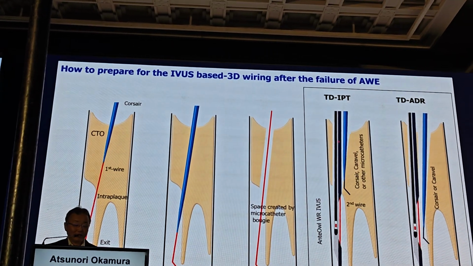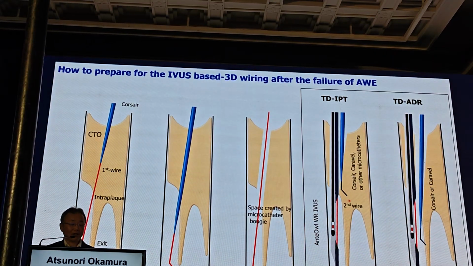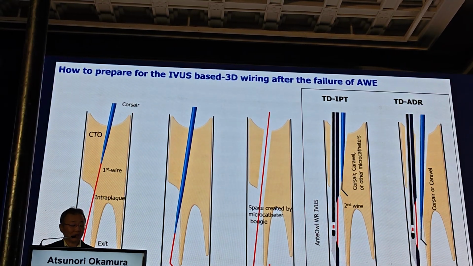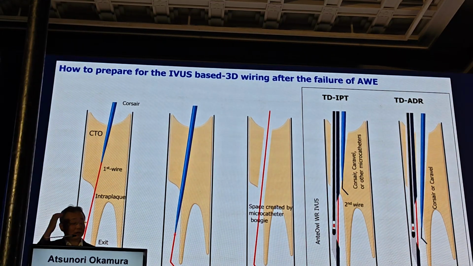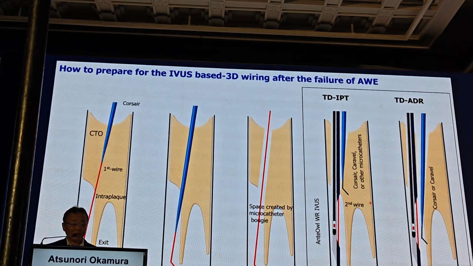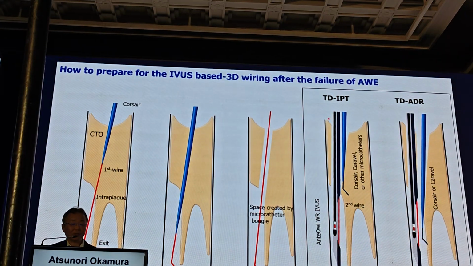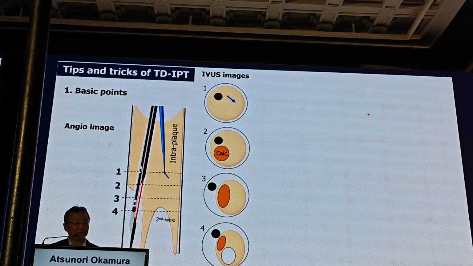Then I delivered IVUS, and delivered a microcatheter and a second guide wire here. Sometimes this guide wire is compressed or something. During this step, I will change the guide wire to UB3 or this way. But anyway, we start tip detection intra-plaque tracking first, but if difficult, switch to the TD-ADR.